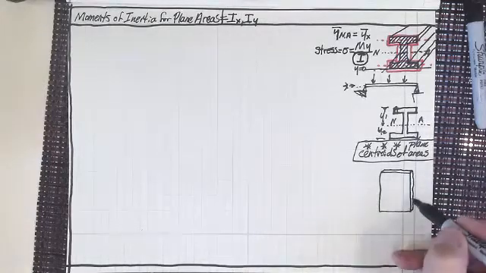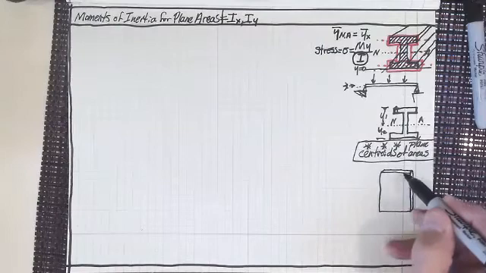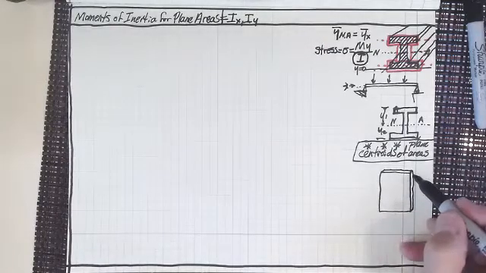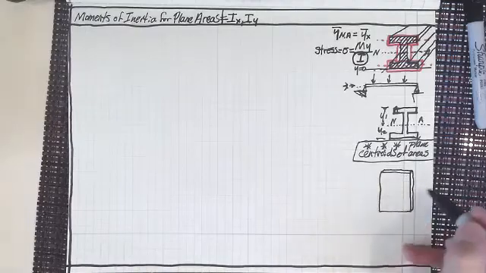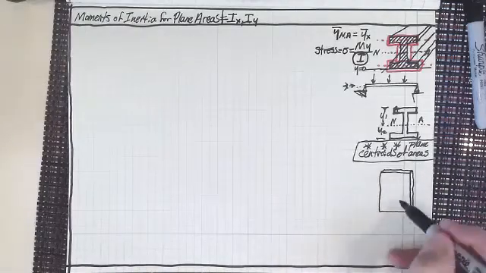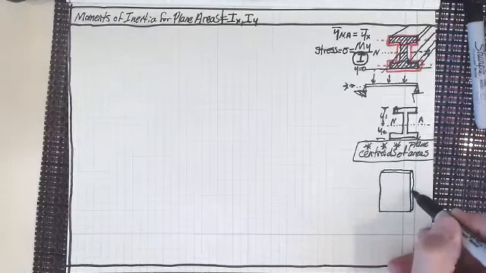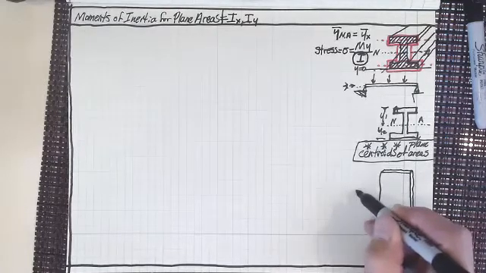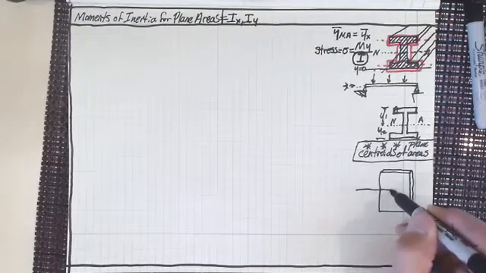I'm going to say, well, this is just a very thin piece of metal, like a sheet metal, but a very strong sheet metal. So I've got a sheet metal here.